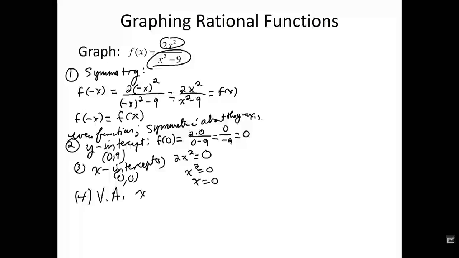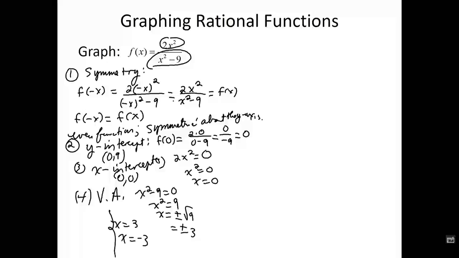So x squared minus 9 is equal to 0 when x is equal to plus or minus the square root of 9, which is plus or minus 3. So the vertical asymptotes are the lines x is equal to 3 and x is equal to minus 3.